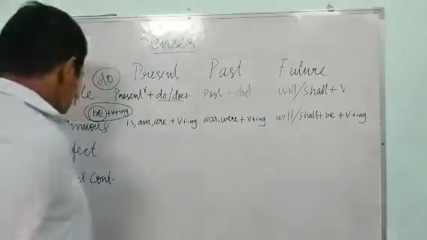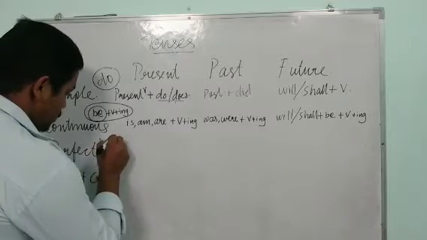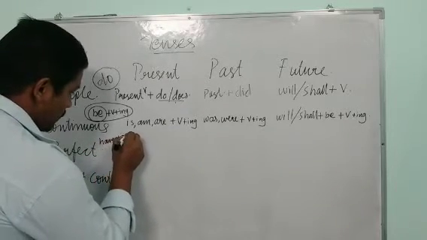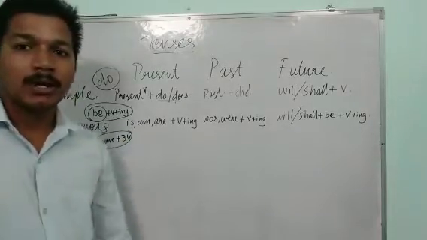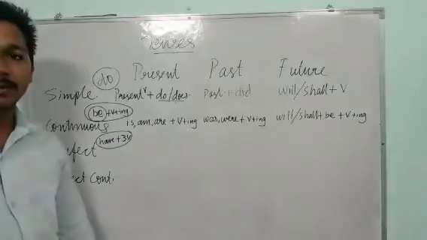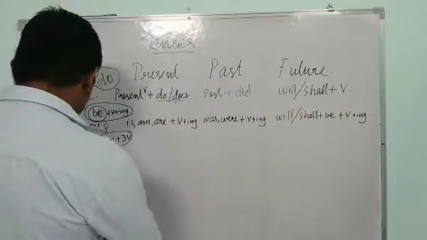Okay. Then perfect tense. Perfect tense will always use a have form verb and the third form of the verb. Have plus a third form of the verb will be used for all the perfect tenses. So let us see what is used in the present perfect tense.